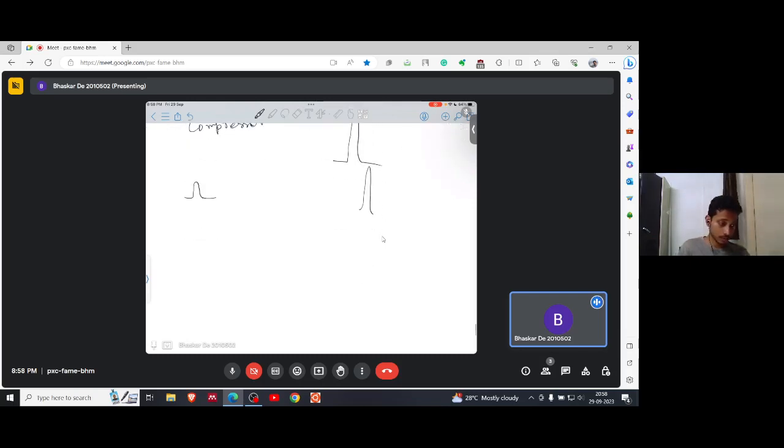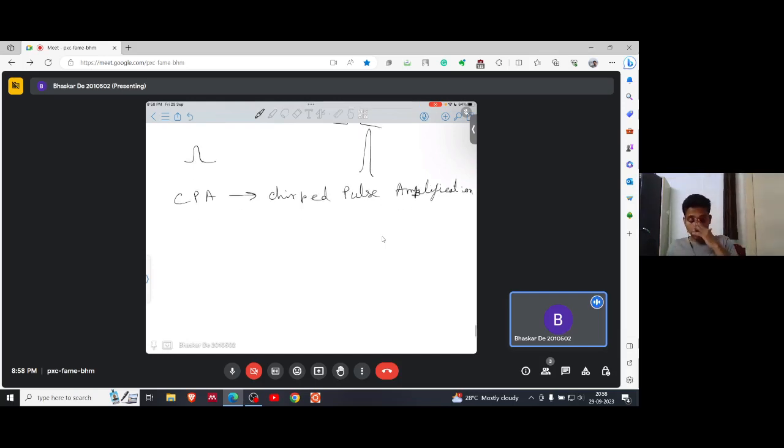So this thing is known as the CPA, which is generally used in recent days lasers to generate the high intense pulse from the pulse laser.